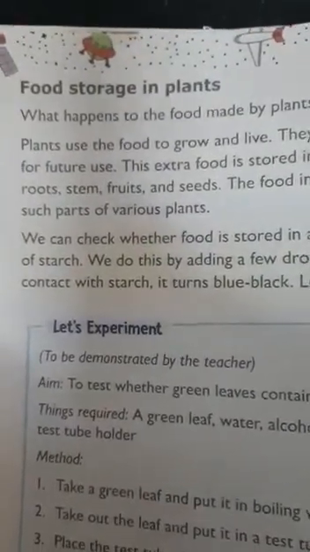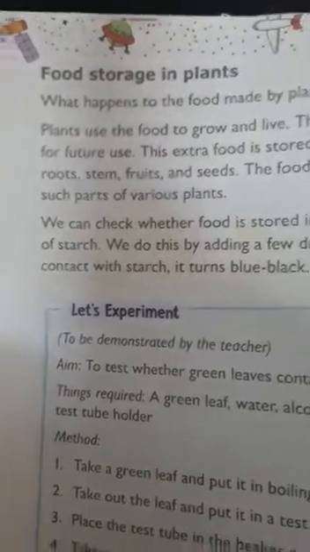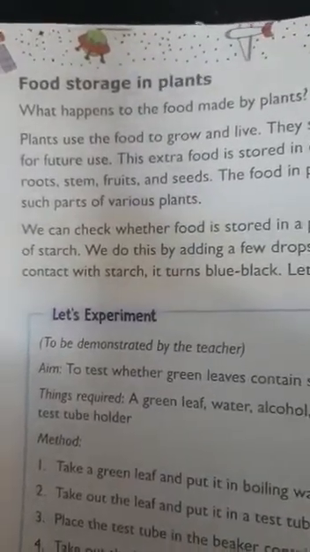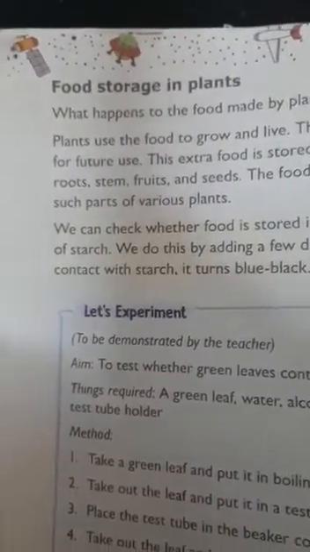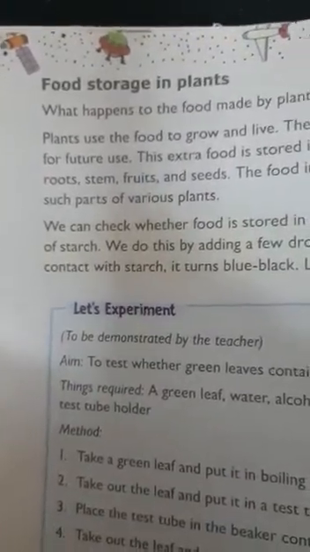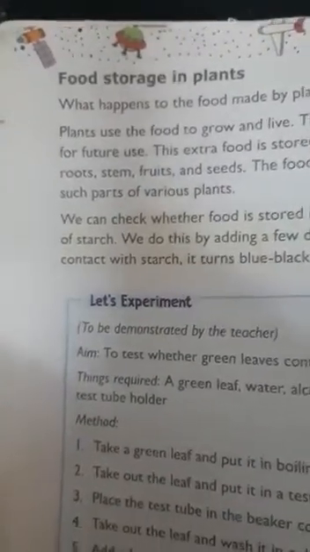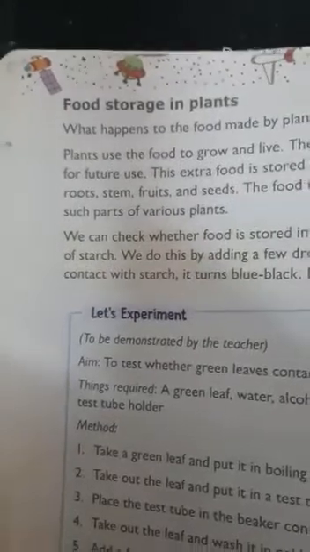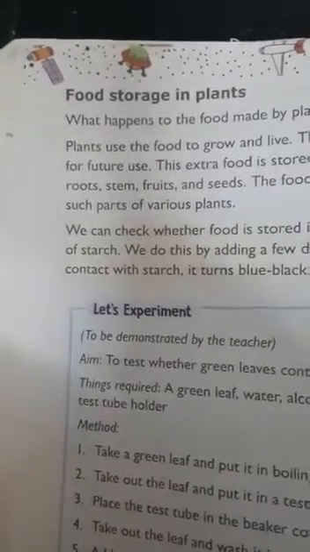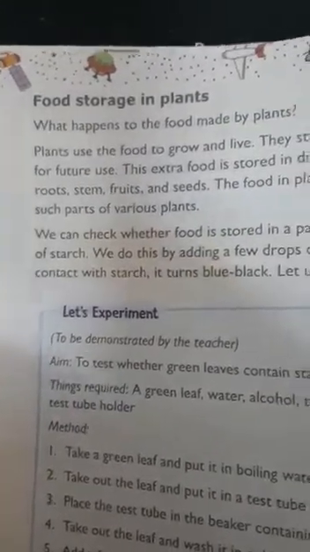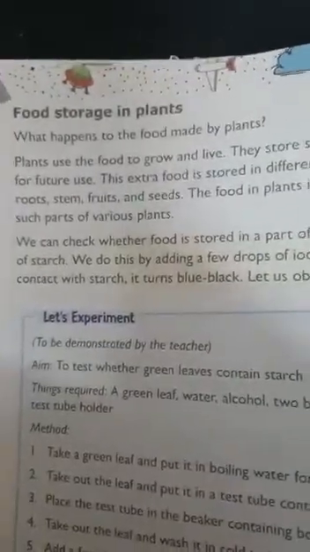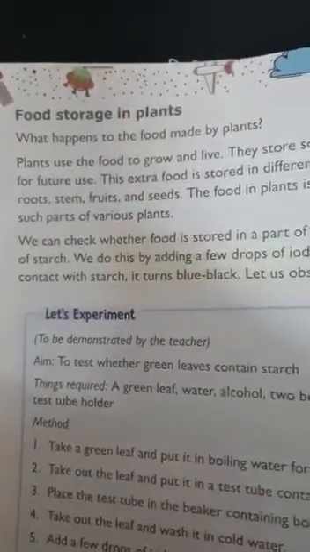Edible means the part which is able to be eaten. Like in a mango tree, the fruit is edible. In vegetables also, some leaves are edible. In a carrot plant, the carrot is a root that is edible. So the edible part is where the plant stores its food.